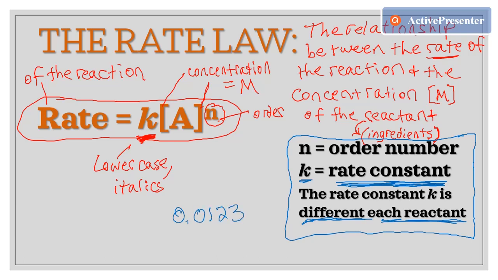But if we're dealing with oxygen, k might equal 1.827. So it depends on the reactant that we're talking about what the k is. And so you have to find out what the k is depending on all of the other information you get in the equation.